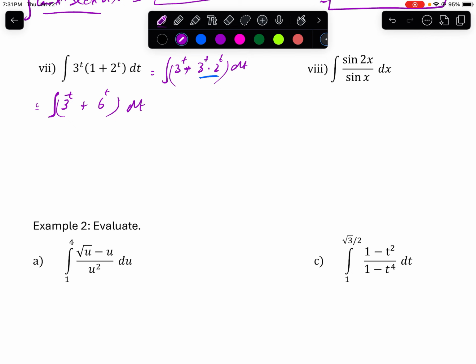So if you distribute, the integral of 3 to the t dt plus the integral of 6 to the t dt is equal to 3 to the t over ln of 3 plus 6 to the t over ln of 6 plus c.